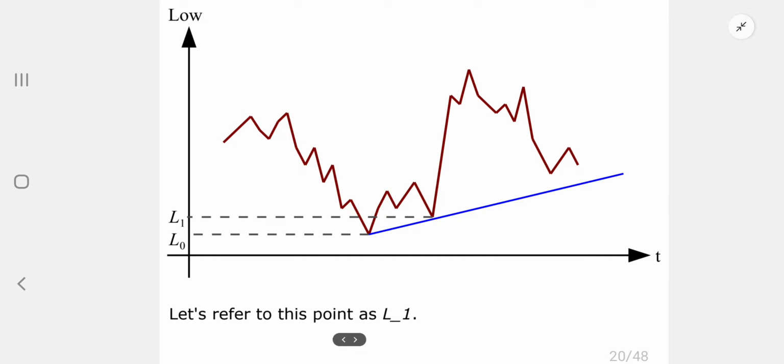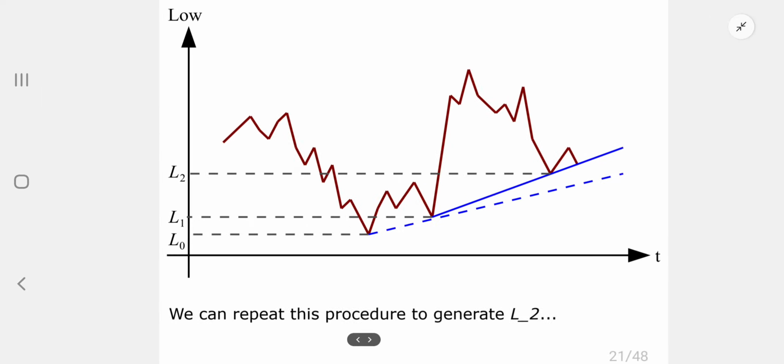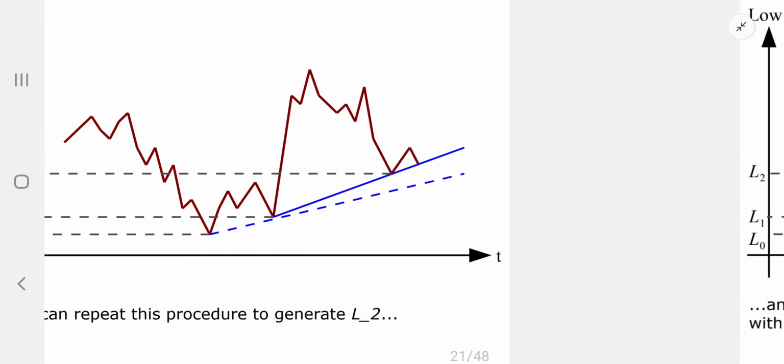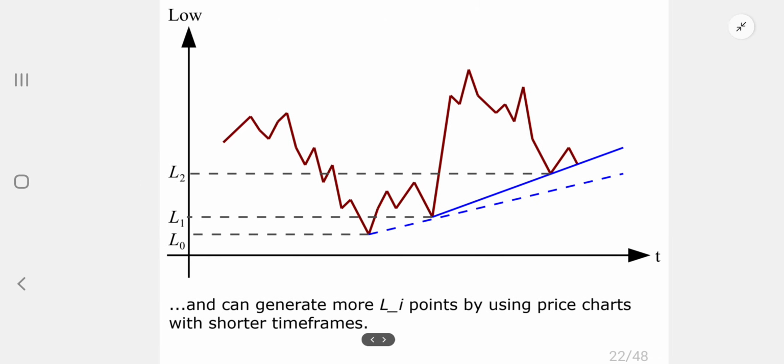Let's refer to this point as L1. We can repeat this procedure to generate L2. And we can generate more Li points by using price charts with shorter time frames.